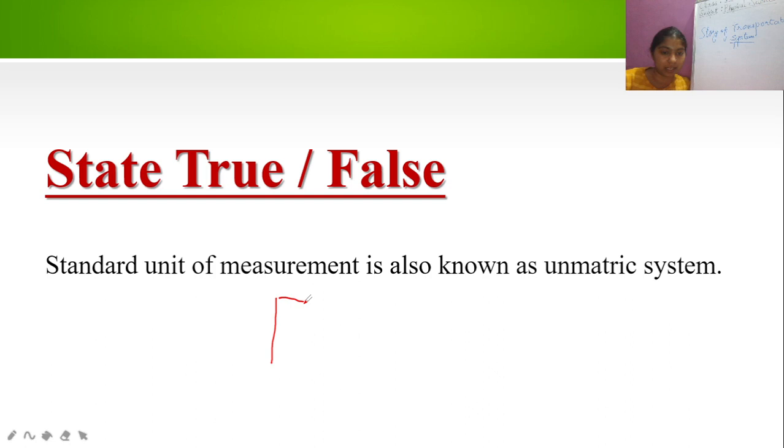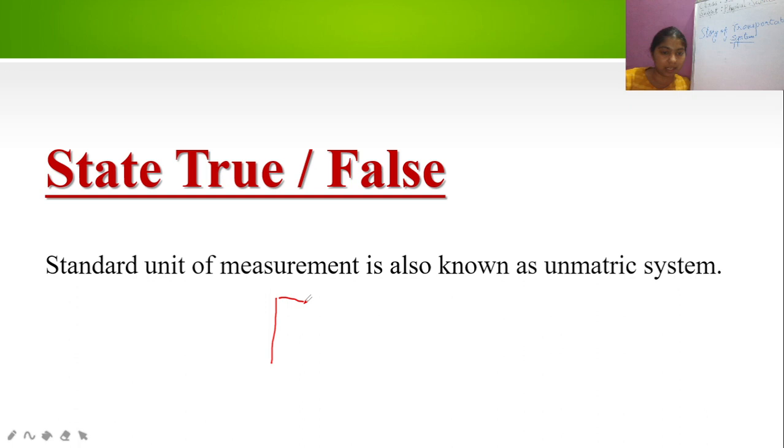Okay, and at last you have an activity. You have to measure the length of your classmate using your hand span. Okay, and for the same person you have to measure with the help of a meter scale. So think about your classmate: they have to stand with their back against the wall. Okay, and you have to measure accurately from the head.